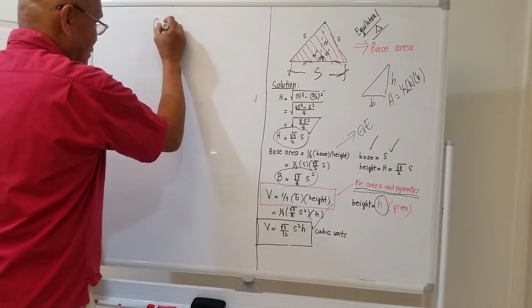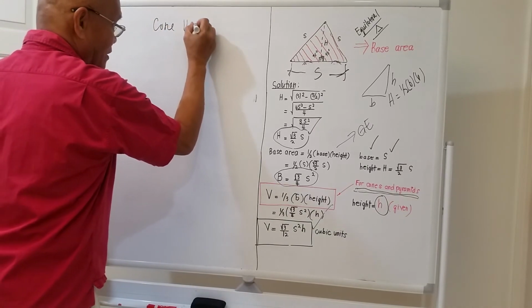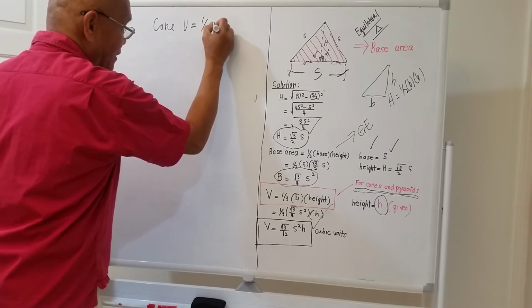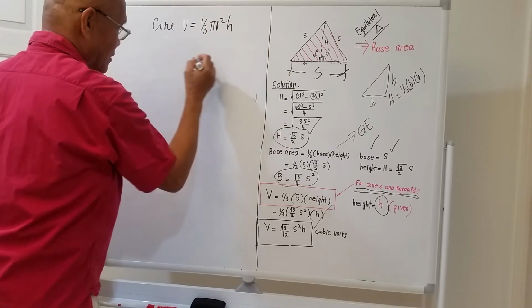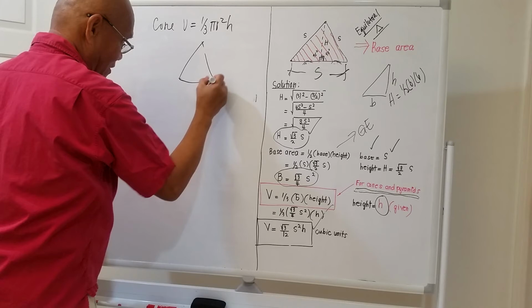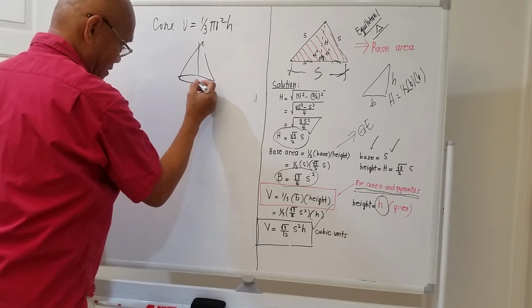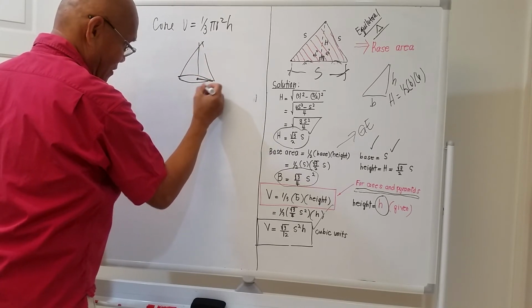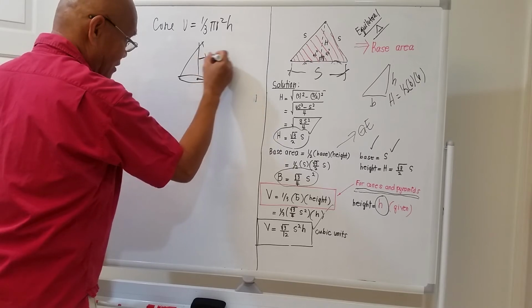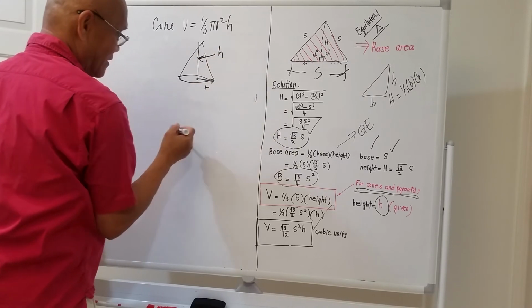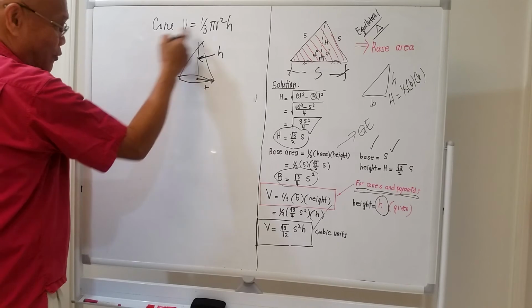For a cone, the volume is 1/3 pi r square h. The radius is r and this is h. That's the volume for a cone.